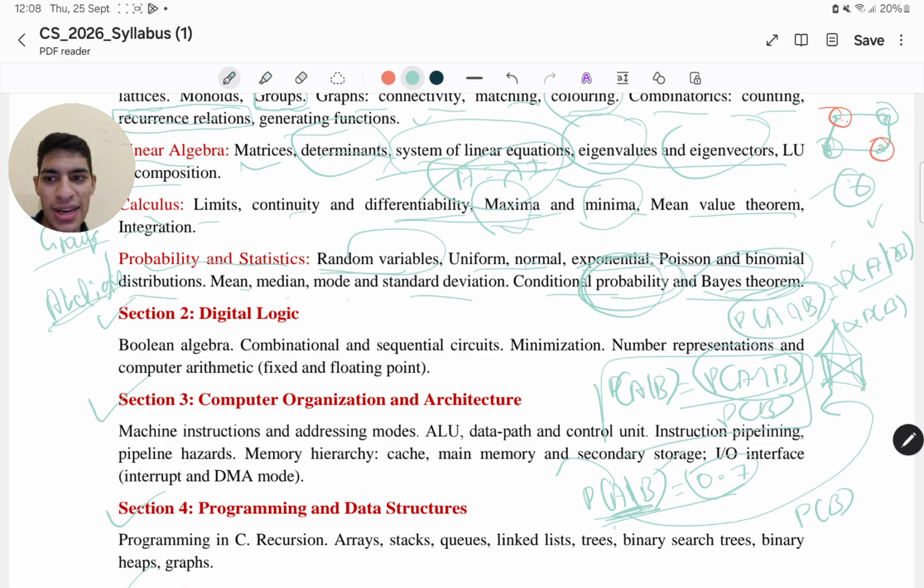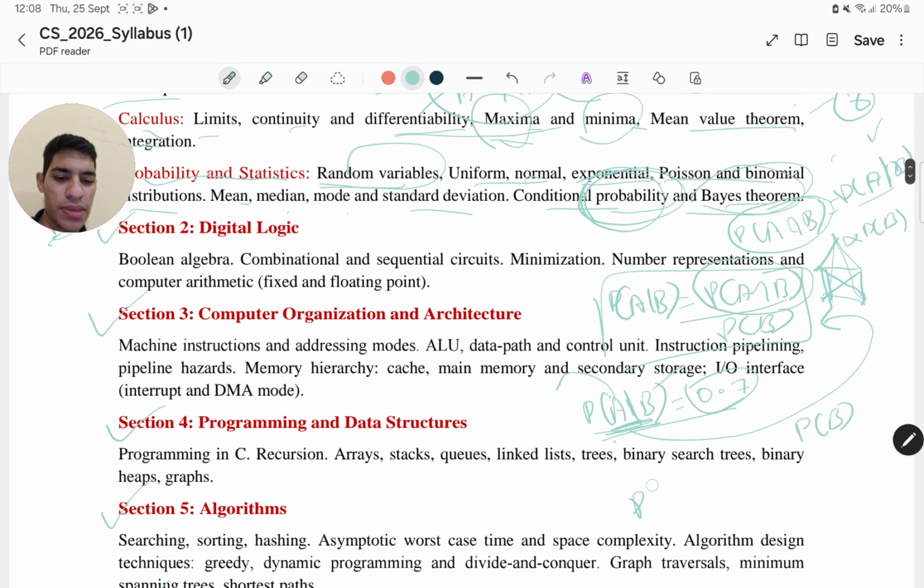Now what could be asked in your question might be P of B given A. You have to find the probability that A has happened, now what is the probability of B happening. Its formula becomes P of B intersection A divided by P of A. You know that P of A intersection B equals P of B intersection A, so what you got from before you put here, and you also know P of A from the question.